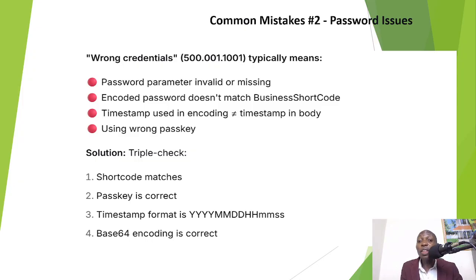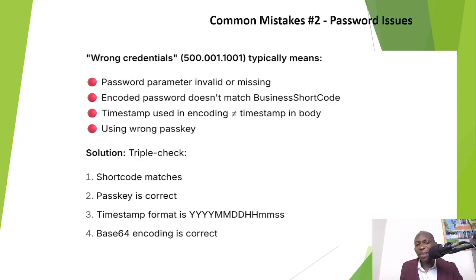Are you there? Number 4, using the wrong passkey. If you are using the wrong passkey, it will not work. So go to the sandbox simulator, on the test data, pick this passkey, use it. Ensure that this passkey is for the consumer key and secret you are currently integrating with.